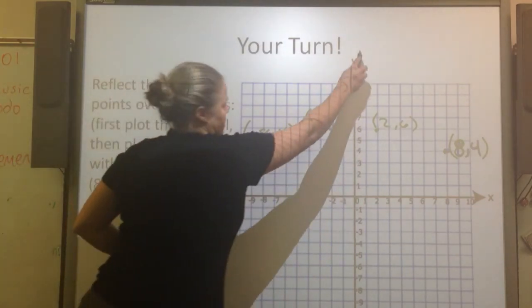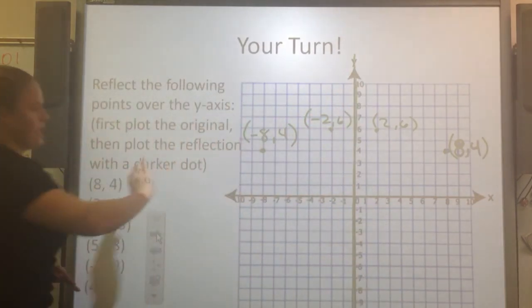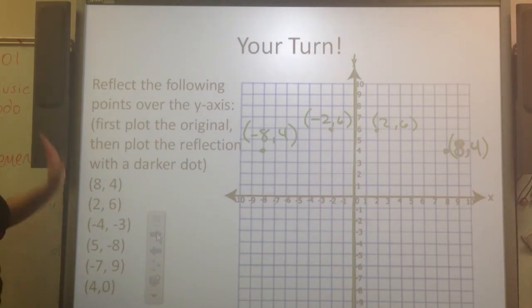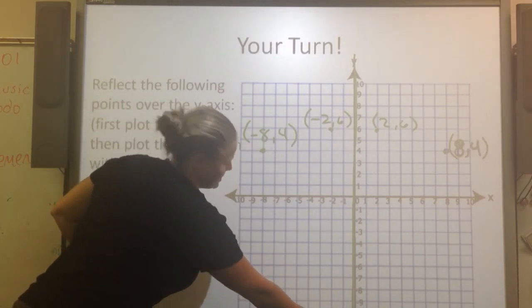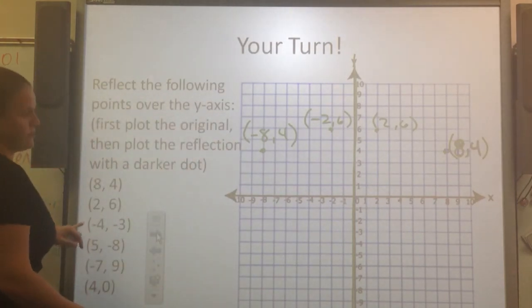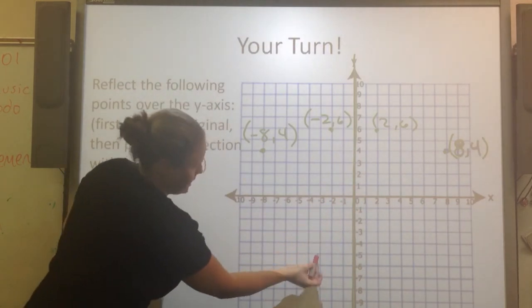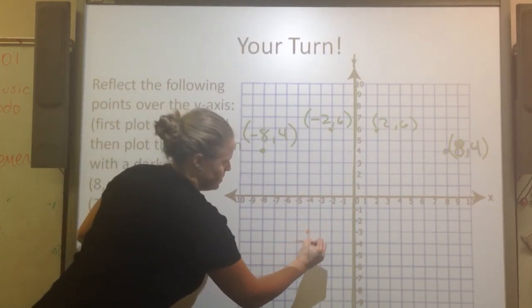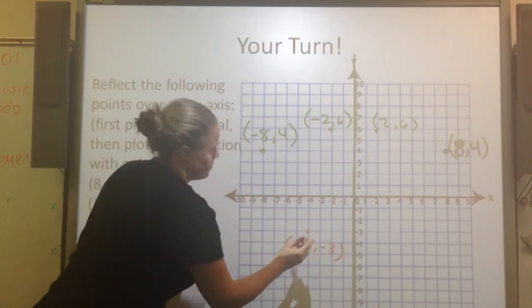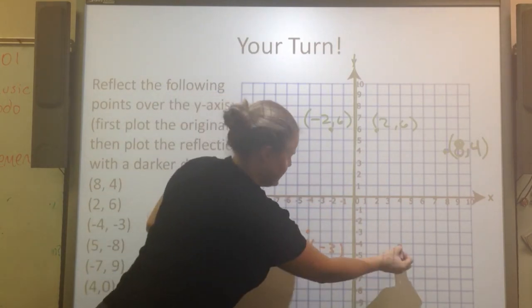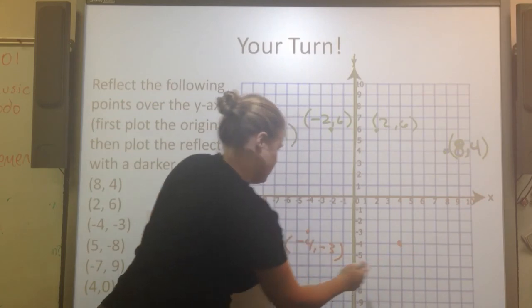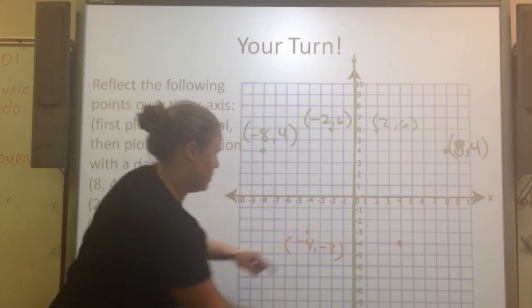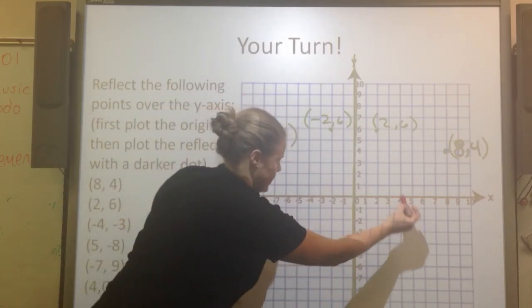Okay, so continue on with these. Again, we're reflecting across the y-axis, and I'm going to move on to the next topic. Actually, I'll do a couple more, just for you to see. (-4, -3) is the original. Reflected over there, it's going to be (4, -3).